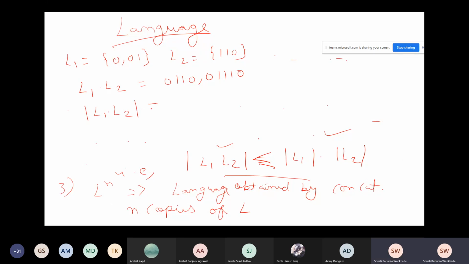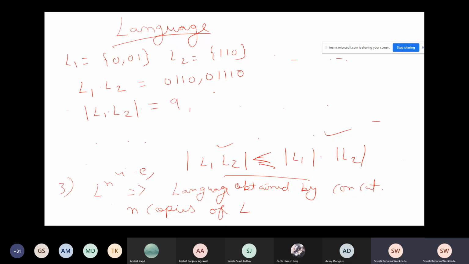Number of strings present in L1 L2 means the size of L1 L2. What is the size of L1 L2? Is it 9? Yes. So the size of L1 L2 is 9.